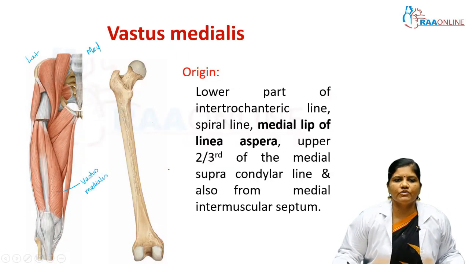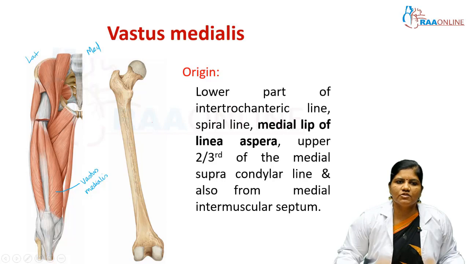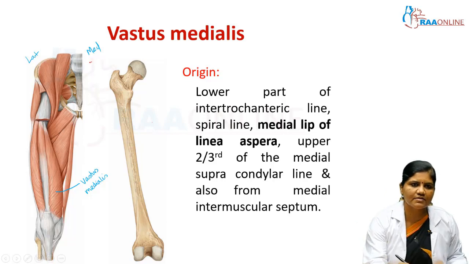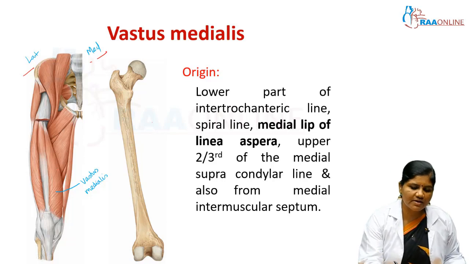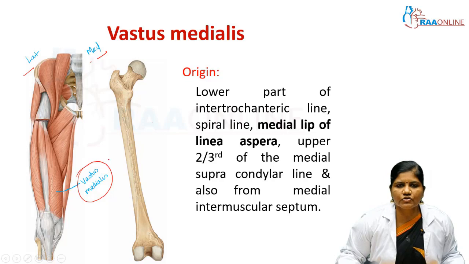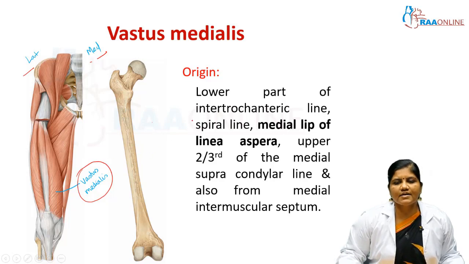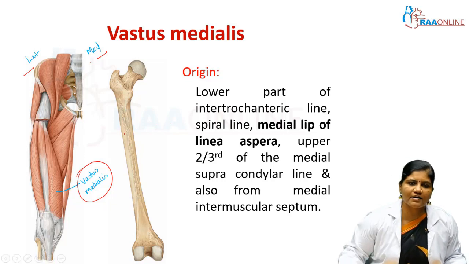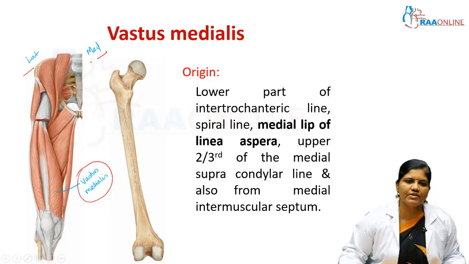Let's see the origin of vastus medialis. This picture shows the vastus medialis, present in the medial aspect. The origin of vastus medialis is from the lower part of the intertrochanteric line and the spiral line. The intertrochanteric line of femur is situated in the anterior aspect. From there is the spiral line, and the linear line in the posterior surface of the femur is called linea aspera.